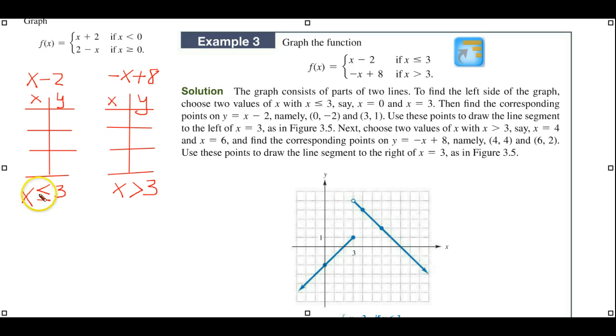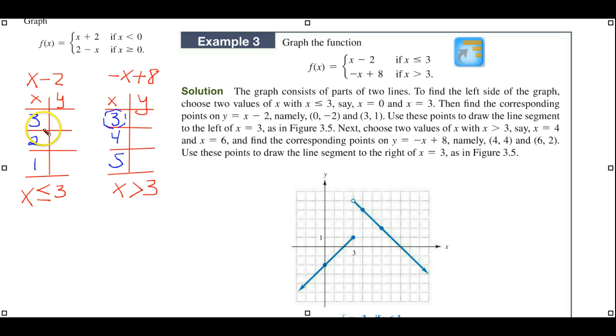Here, if x is less than or equal to 3, this will be a 3, 2, 1. And here x is greater than 3. We'll anchor it to the 3, but again, put this little dotted area indicating that is not part of the set. And then 4 and 5.